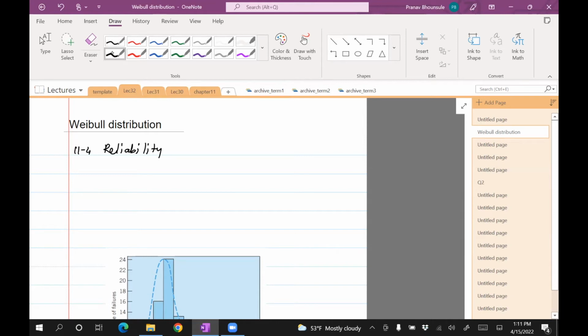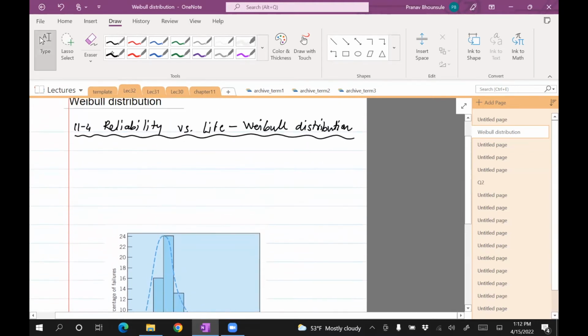Reliability versus life, Weibull distribution. Okay, so what is the Weibull distribution?